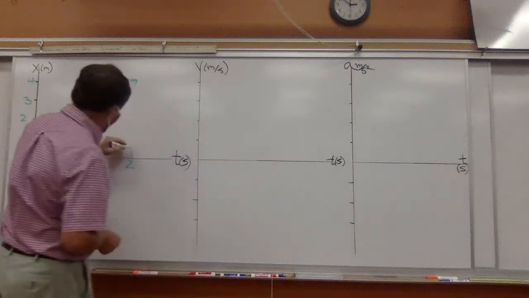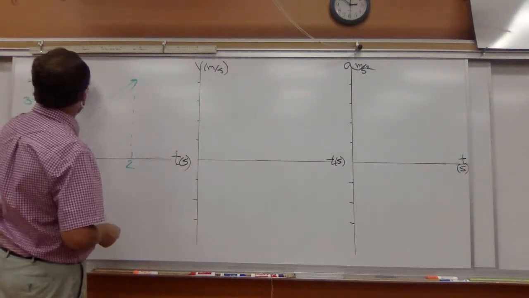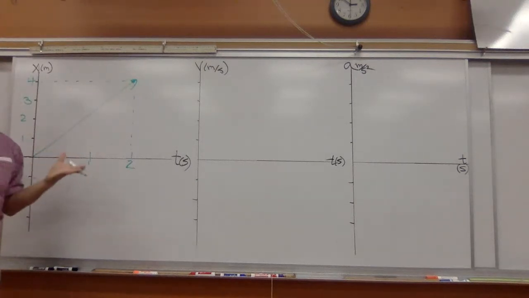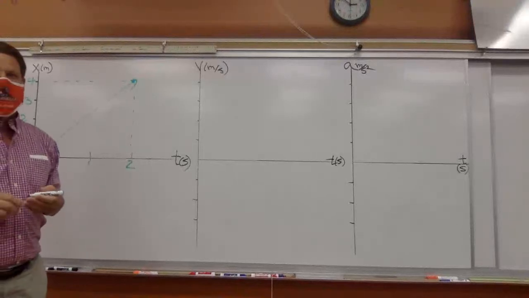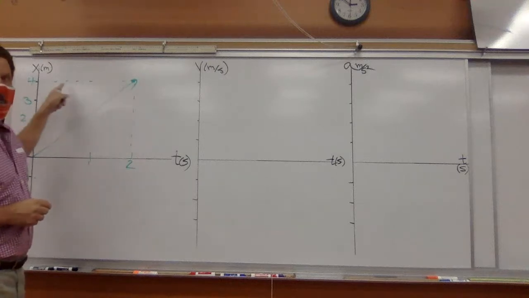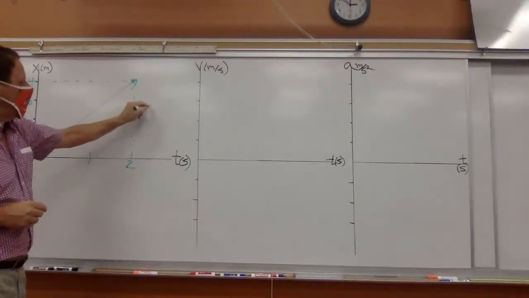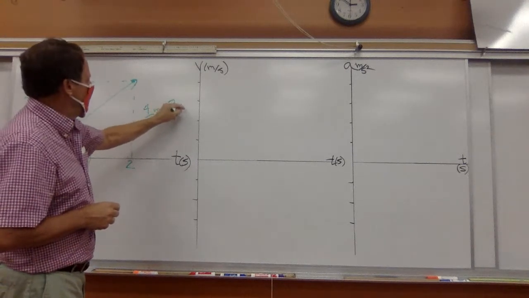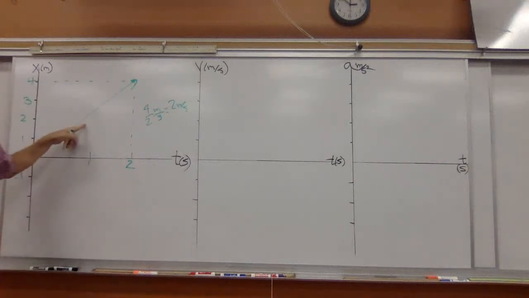If we connect to this point right here, how would we calculate the velocity? We have the rise over the run, which is 4/2, which would be meters per second, so 2 meters per second. Remember, that's just the slope. Now, if we had something like that, what is the slope of this line?